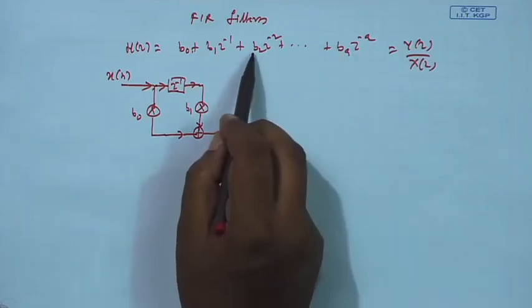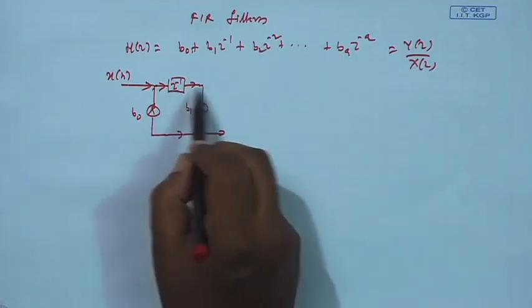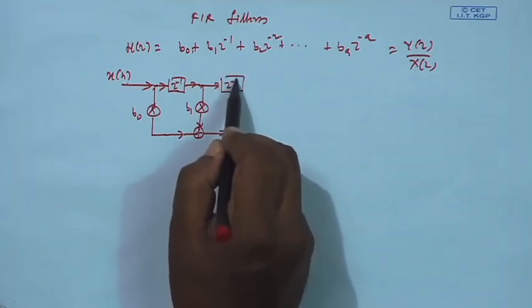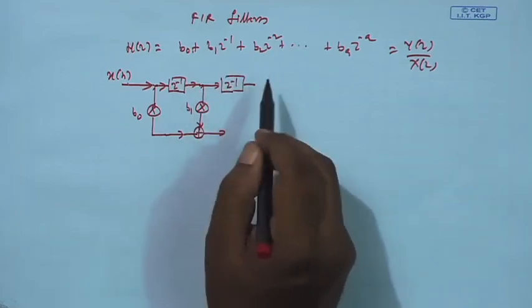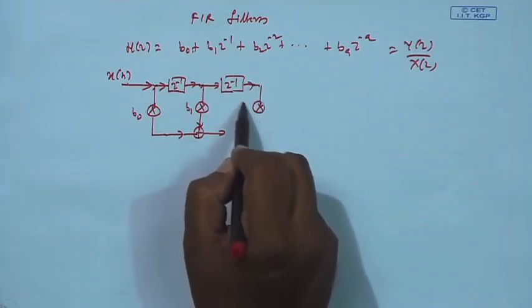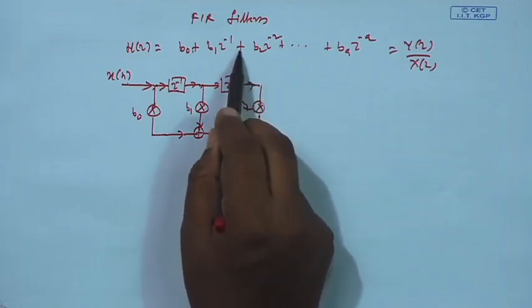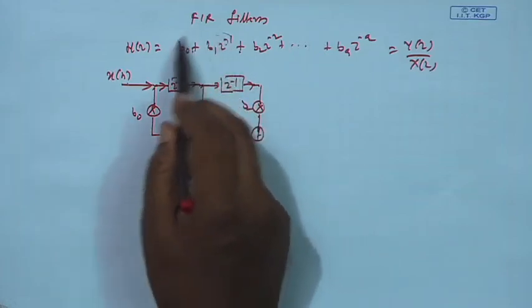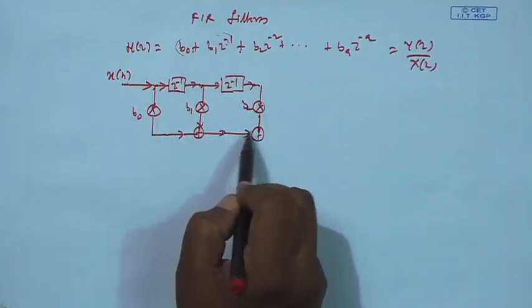Then X(z) into B2 z inverse 2. So, z inverse 1 into X(z) is already here, one more z inverse. So, delayed by 2, then multiplied by B2. Here I take B2, and this had to be added with this result. That is why this summation, accumulation, is coming here, with that you are adding.